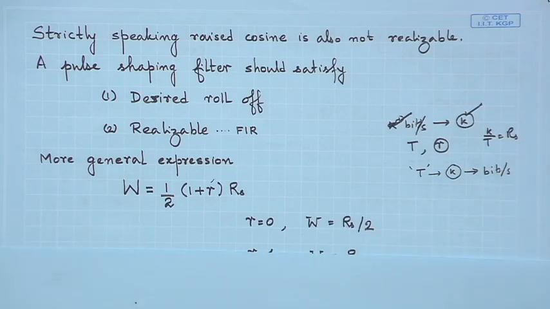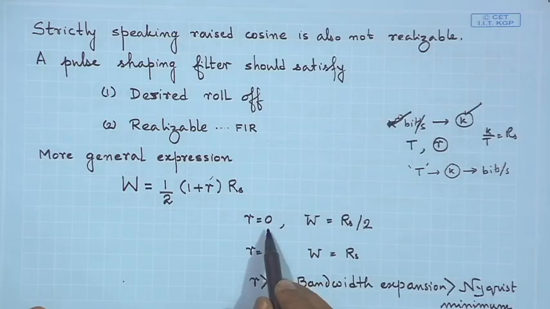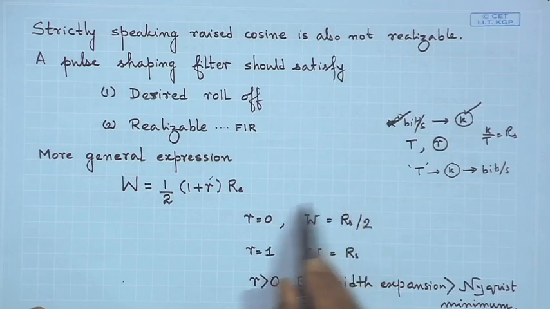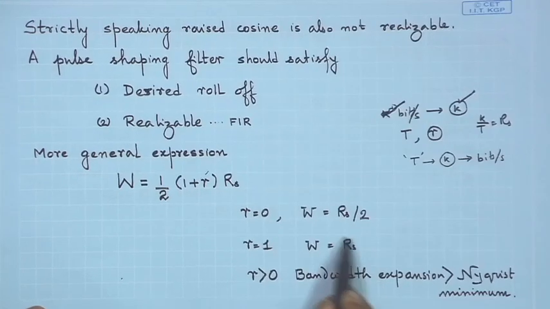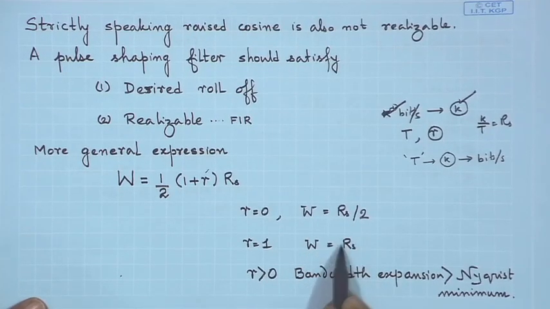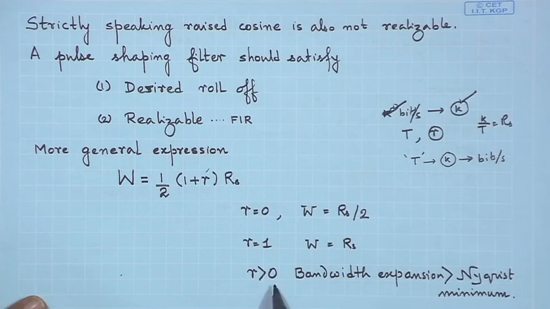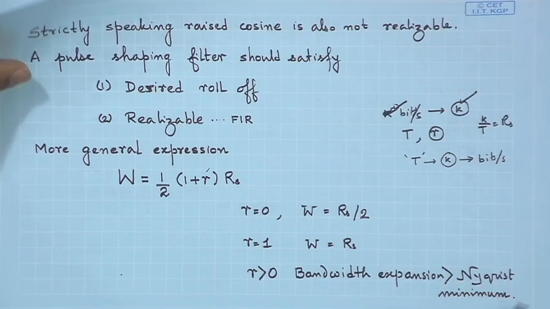So, if you are confined with a certain symbol rate, by increasing k, you can increase the bits per second. So, if R is equal to 0, we have the Nyquist situation. If R is equal to 1, you have W is equal to Rs, and R greater than 0 is the bandwidth expansion factor, which is beyond the Nyquist minimum.